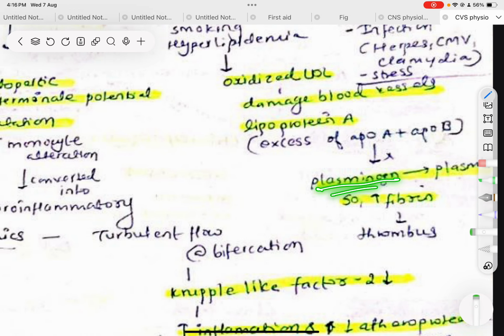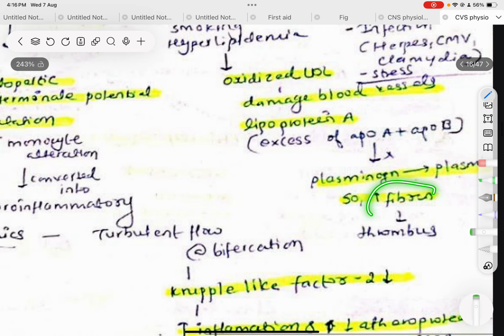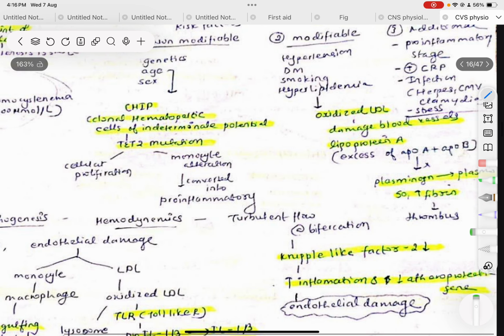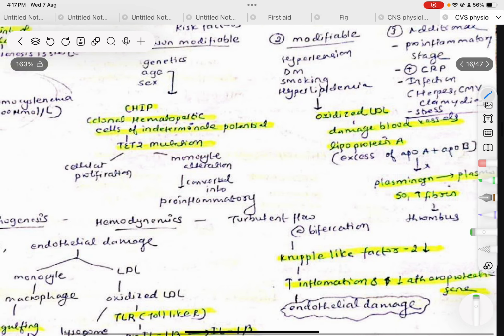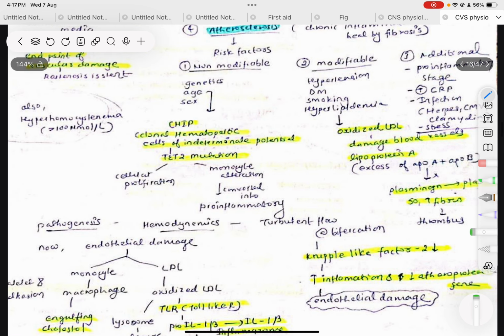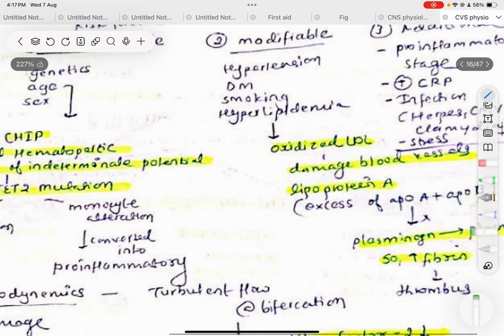How? It will inhibit the plasminogen, so increase in fibrin will lead to thrombus formation. So these two mechanisms, oxidized LDL increase damages blood vessel, and lipoprotein A excess of ApoA and ApoB will inhibit the plasminogen. That's why increase in fibrin formation leads to thrombus formation.